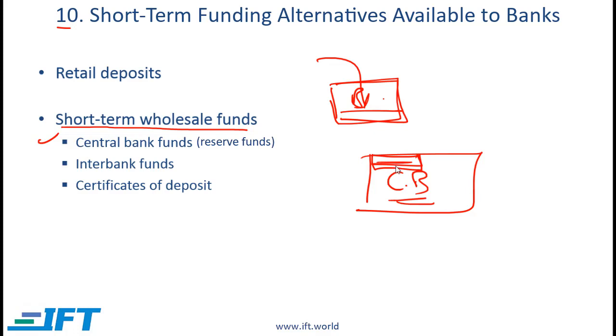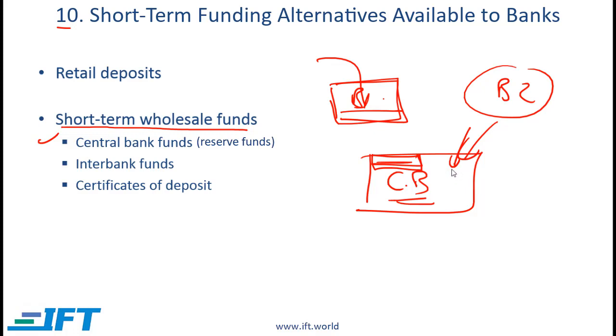Then what the bank can do is borrow from other banks. Other banks also have deposits here at the central bank. So there might be Bank 2, which has deposits here, and Bank 2 has deposits that exceed the minimum required amount.